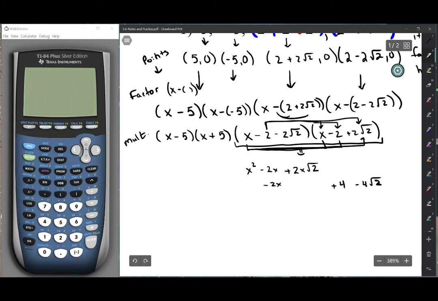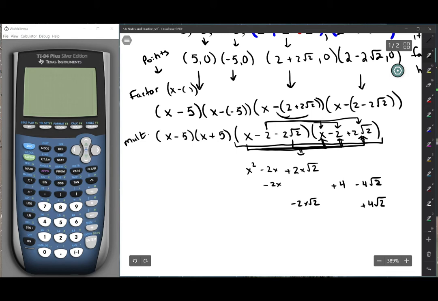And our last bit of multiplication: negative 2 roots of 2 times x is going to be minus 2x roots of 2, and then times negative 2 is going to be plus 4 roots of 2. Notice how I'm trying to line things up that come out to be similar terms, which is going to be nice.